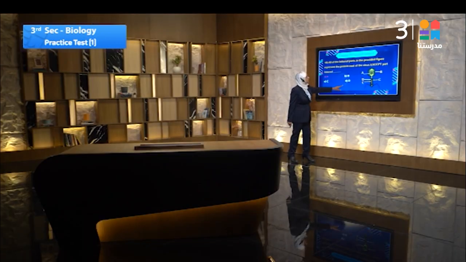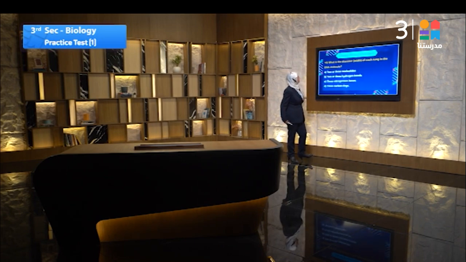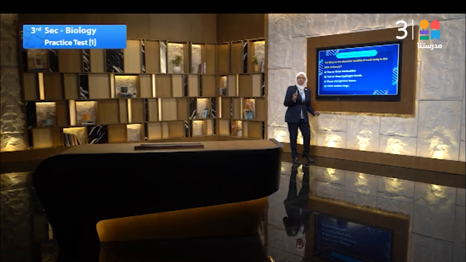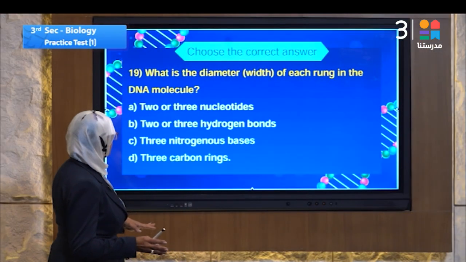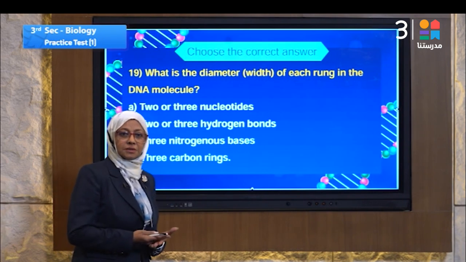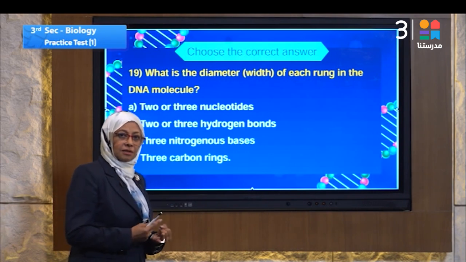Let's go to 19. 19 speaks about the diameter, the width of each rung in the DNA molecule. Rung means the diameter, the inside diameter. So DNA contains sugar-phosphate bonds, and there are rungs. What is the rung made of? It consists of nitrogenous bases, which must be purine and pyrimidine.